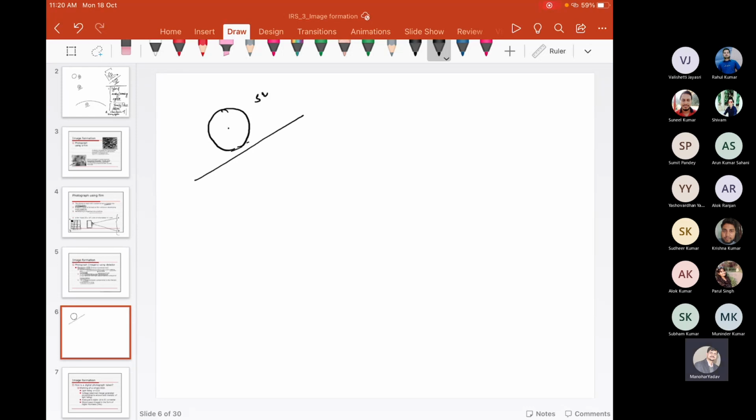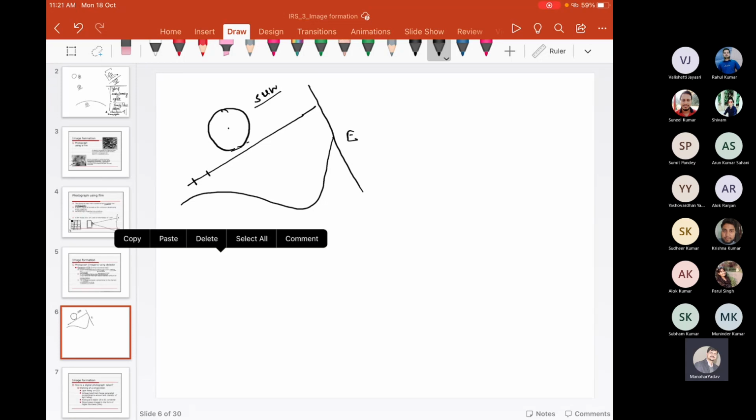Here, in case of satellite-based imaging, the sun is considered as an external energy source. So it generates energy, and this is the energy and this is the wavelength, lambda.